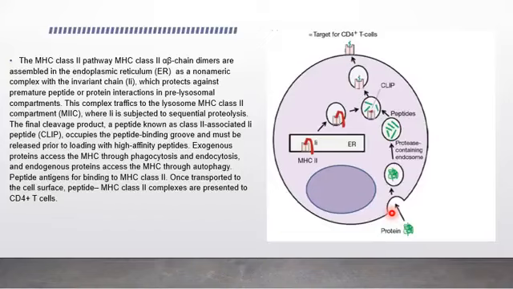Antigen presenting cells internalize the pathogens into intracellular vesicles known as the endosome. The endosome then fuses with the lysosome inside the cells. So bacteria or any extracellular microorganisms get into the cells, and this pathway is different to MHC class 1.